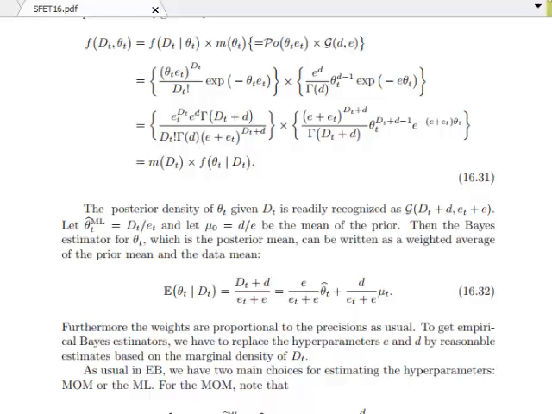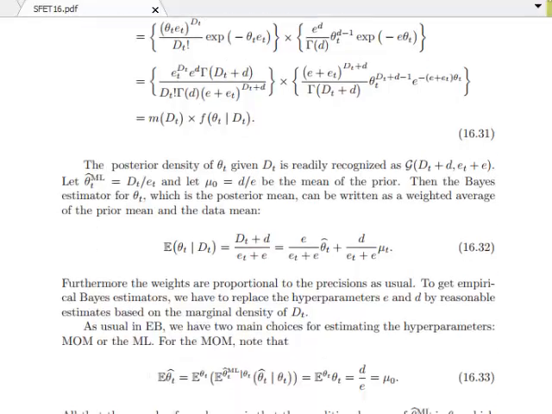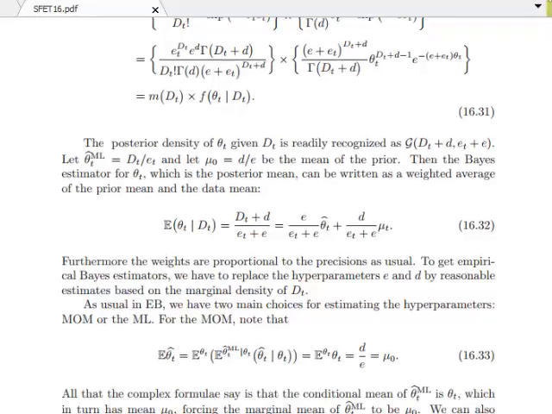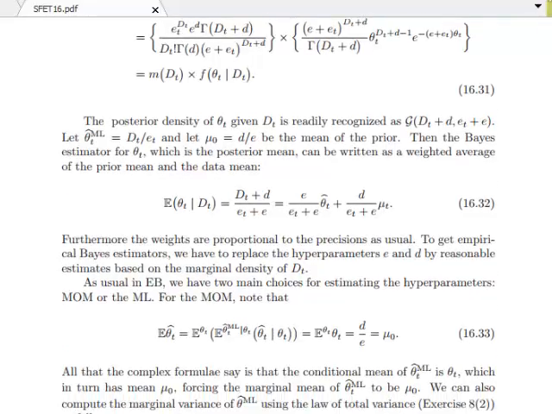Theta is the parameter that you want to estimate. Okay, so then you put them together, you do the rearrangements as usual, and you find that the posterior density of theta is another gamma density, with parameters dt plus d and et plus e.